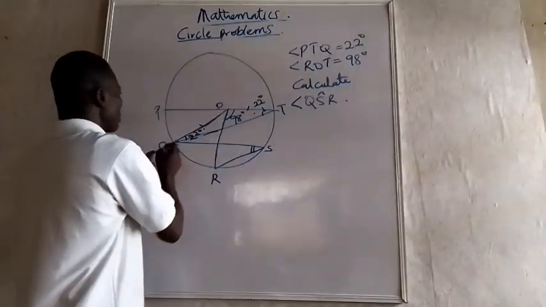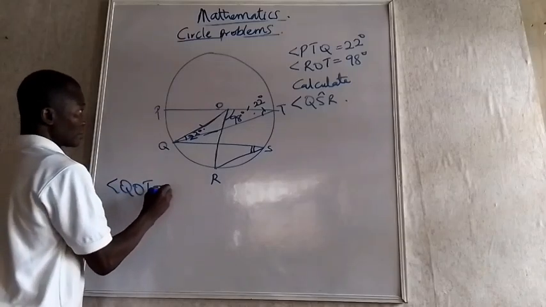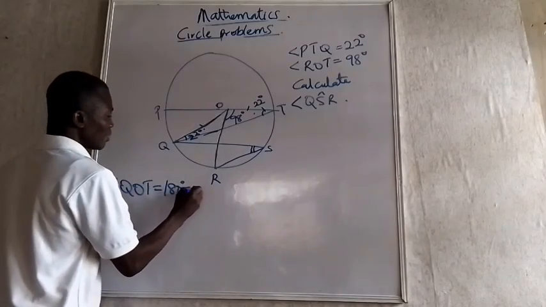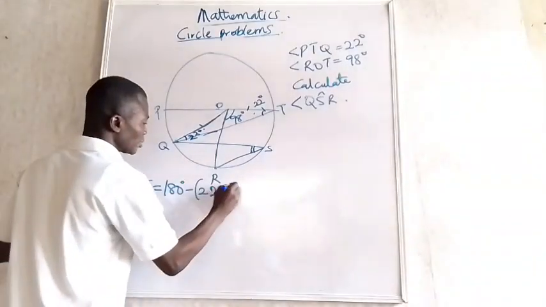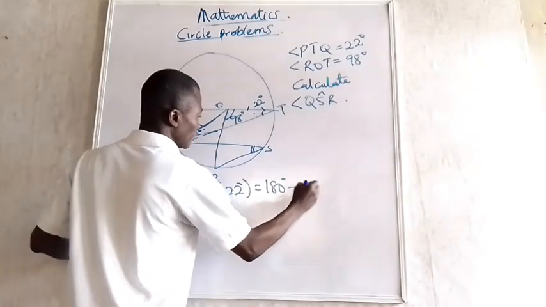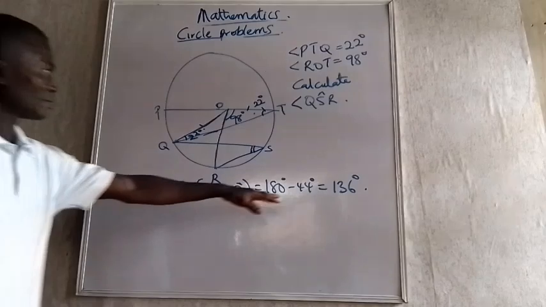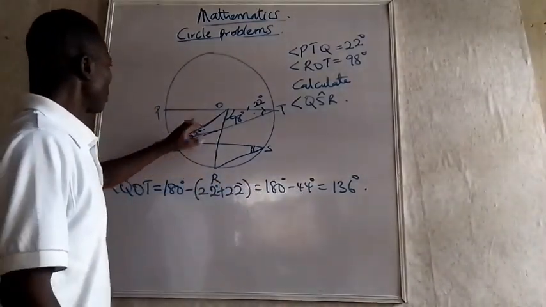So let us find angle QOT. Angle QOT will be equal to 180 degrees minus 22 plus 22 degrees. 180 degrees minus 44 degrees. That's 136 degrees. Now, with this, we can calculate angle QOR.